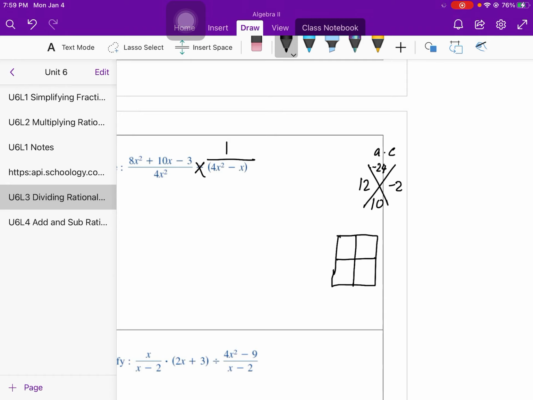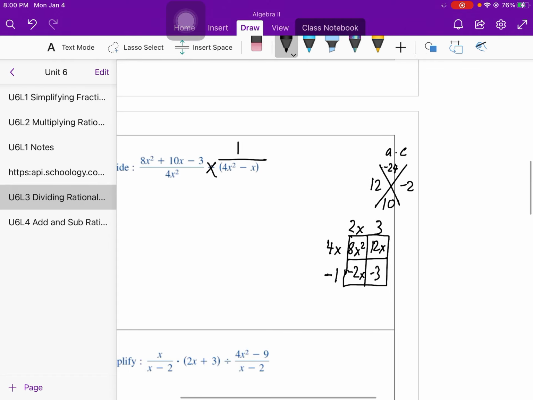So now when I do my box, first box we get 8x squared. Last box we get negative 3. And then we have 12x and negative 2x. So going up and down, 8x squared, negative 2x, we can get 2x. 12x and negative 3, we can actually take out a 3 from there. Then 8x squared and 12x gives us 4x. And negative 2x and negative 3, we're going to take out a negative 1.